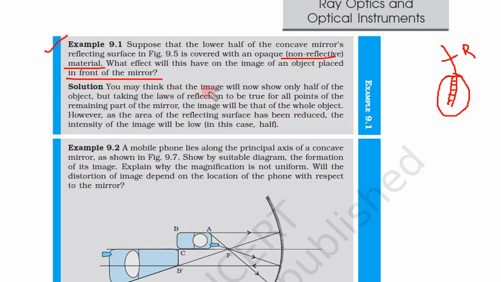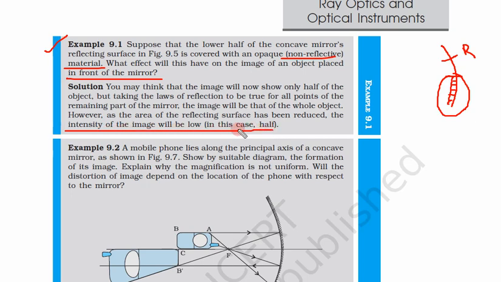You may think that the image will now show only half of the object, but taking the laws of reflection to be true for all points of the remaining part of the mirror, the image will be that of the whole object. However, as the area of the reflecting surface has been reduced, the intensity of the image will be low.